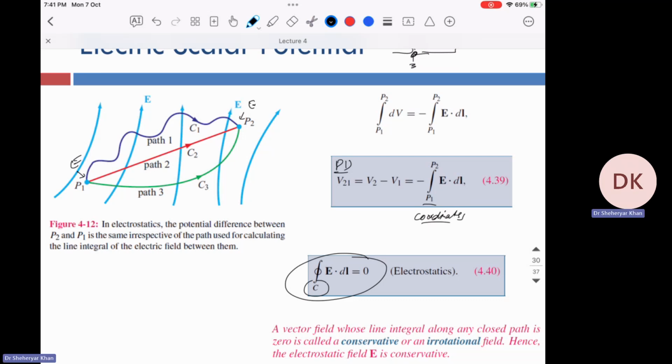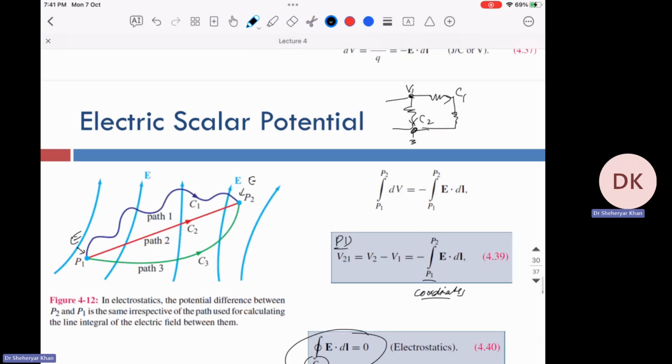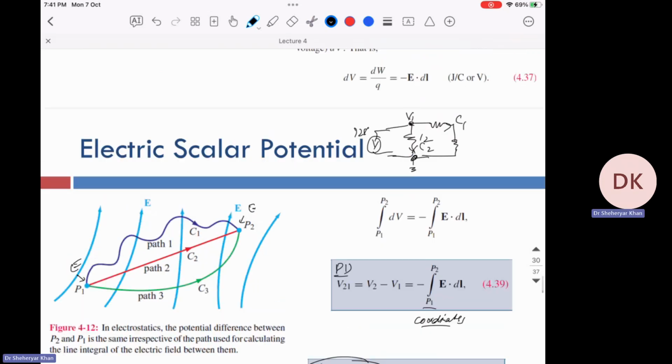Closed circuit. Yes, that means that the voltage rise and voltage drop, if you sum them up, is zero. For example, if I have a circuit here and I'm giving 12 volts here, then 12 volts will be here.